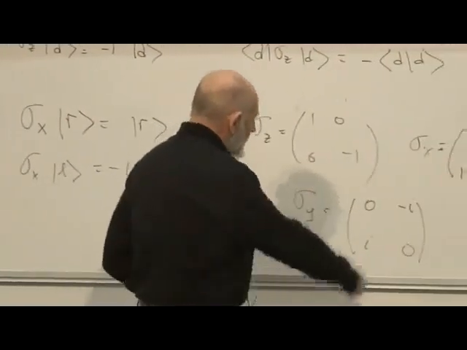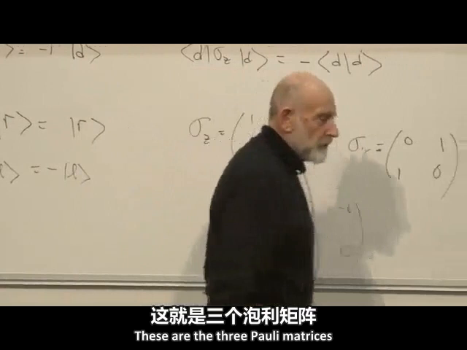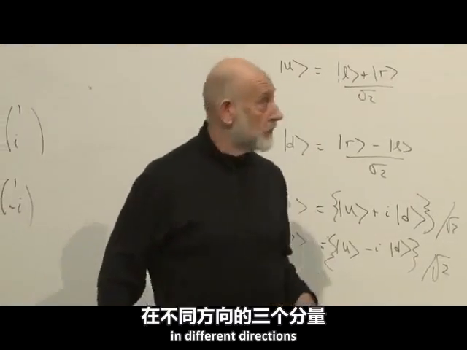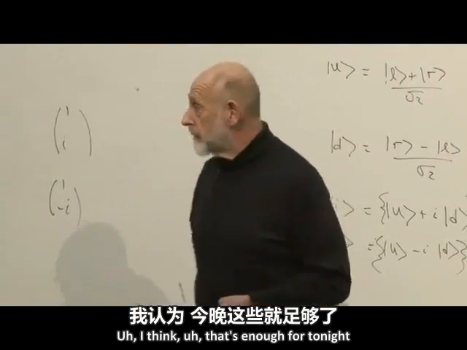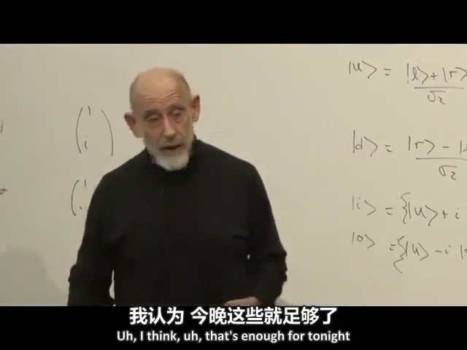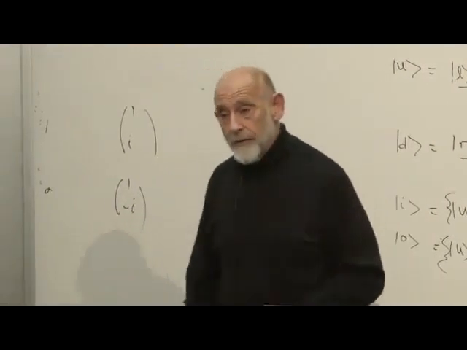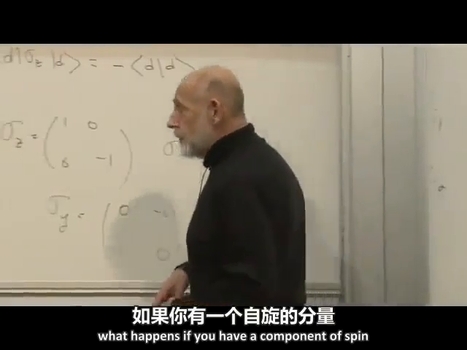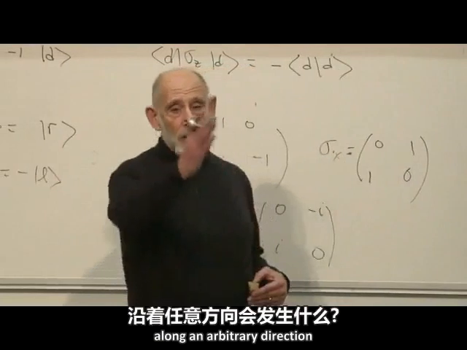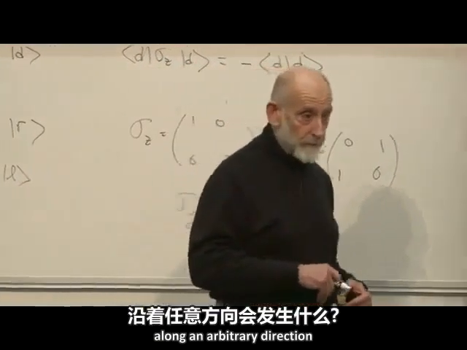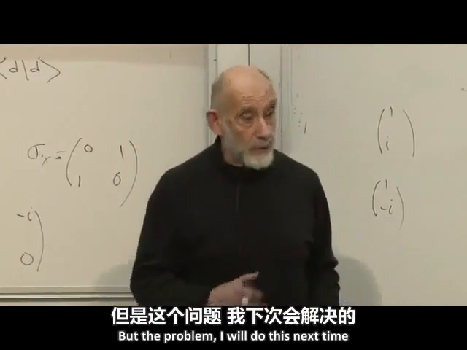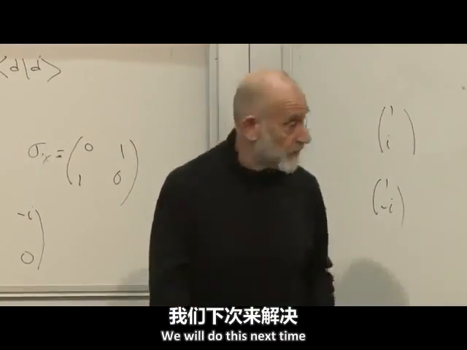Okay. These are the three Pauli matrices that represent the components of a spin in different directions. I think that's enough for tonight. What I was going to do, and I have in my notes, was exactly this question. What happens if you have a component of spin along an arbitrary direction? We'll do this next time.